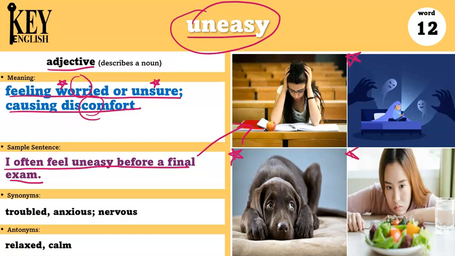And the last example, some people might feel uneasy about trying new food. If they are a little bit picky with their food and they don't like to try new things, then they might feel uneasy. They might feel unsure if they want to eat that food. Some synonyms of uneasy are troubled, anxious, and nervous. Antonyms are relaxed and calm.